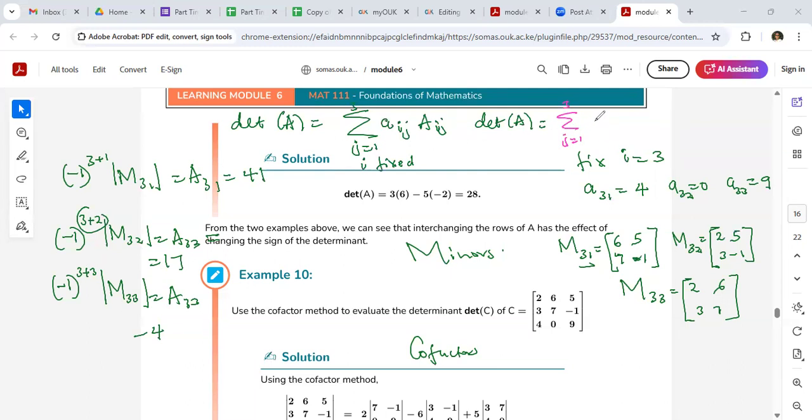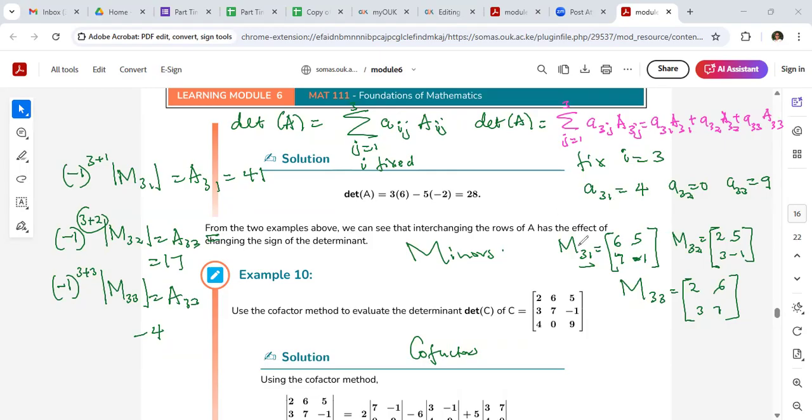So this would be a3j times capital A3j. So that now this one becomes a31 A31 plus a32 A32 plus a33 A33. Because in our case, we fixed i to be equal to 3.